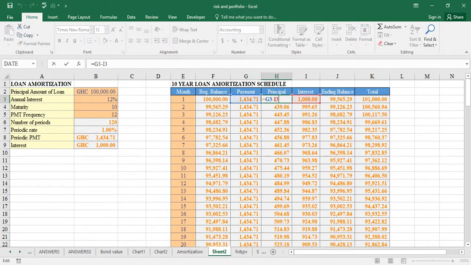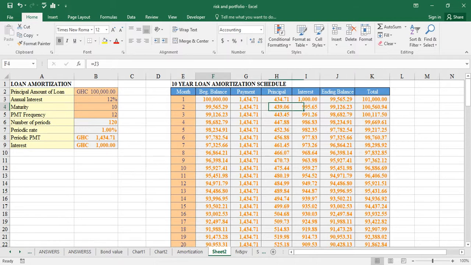Then for our principal, we took out the interest, which we have calculated here already. So we took the interest from the payment to get our principal, as you can see here. Then our ending balance was the difference between the beginning balance and the principal.